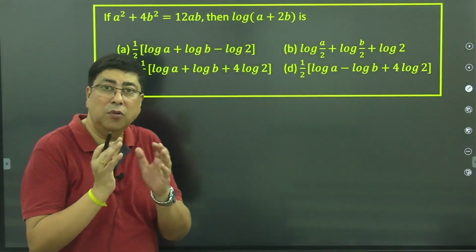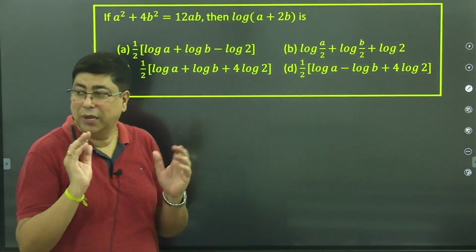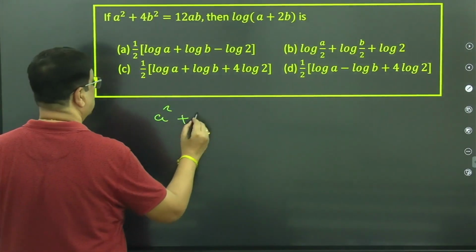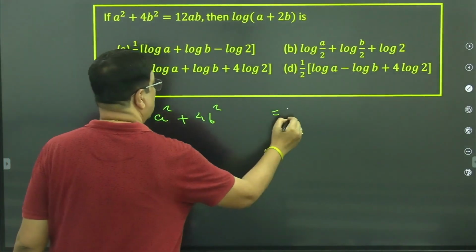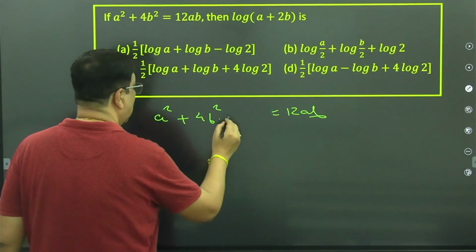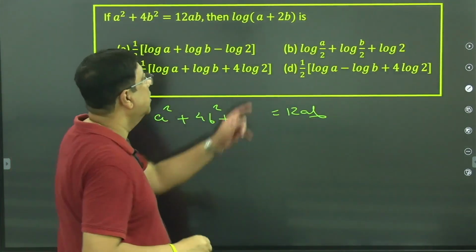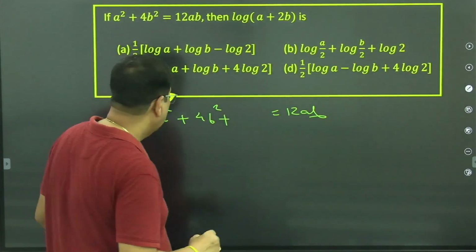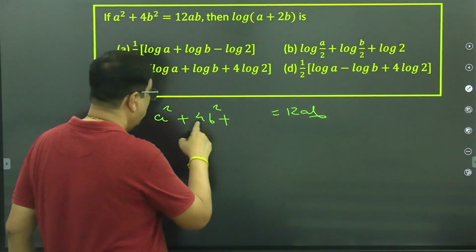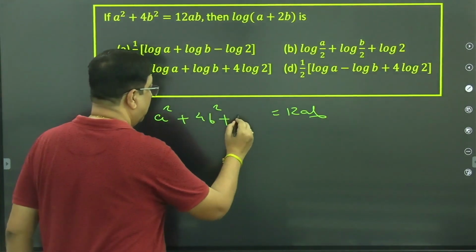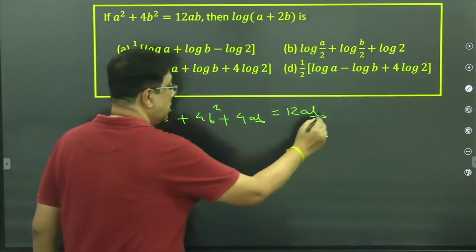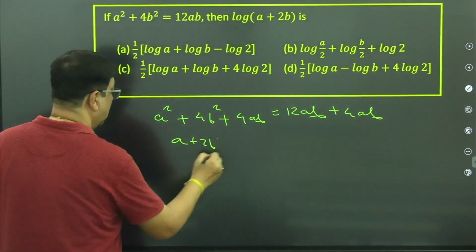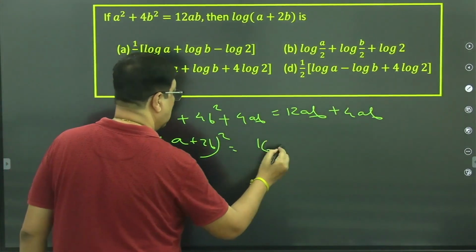So let's do one thing: a square plus 4b square equals 12ab. We should make a whole square. For a whole square, a square plus b square plus 2ab term, what will it be, 4ab. So add 4ab, then a plus 2b whole square equals 16ab.